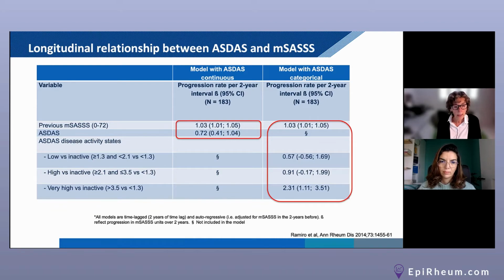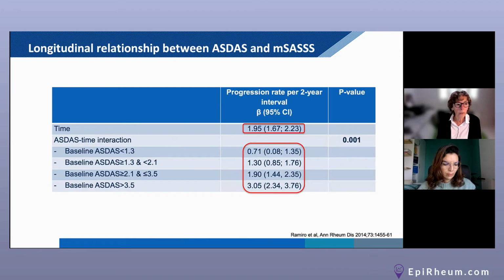So with an increase of an ASDAS of 0.72, there is an increase of 1 in the mSASSS in 2 years. So that means that you really have a relationship with the development of syndesmophytes. And also the various steps of disease activity states give a direct relationship. And here you see how strong that relationship is if you compare the various disease activity states.